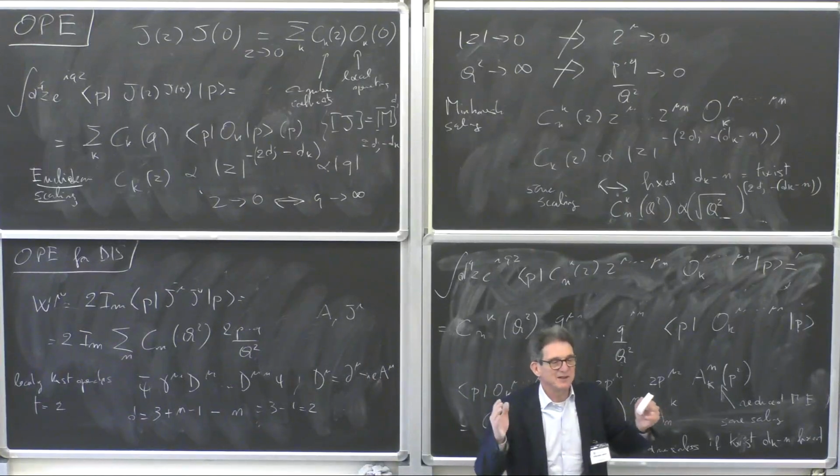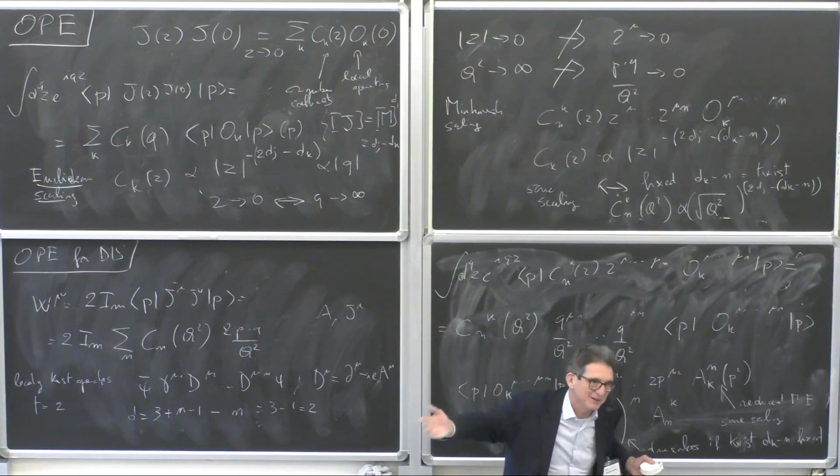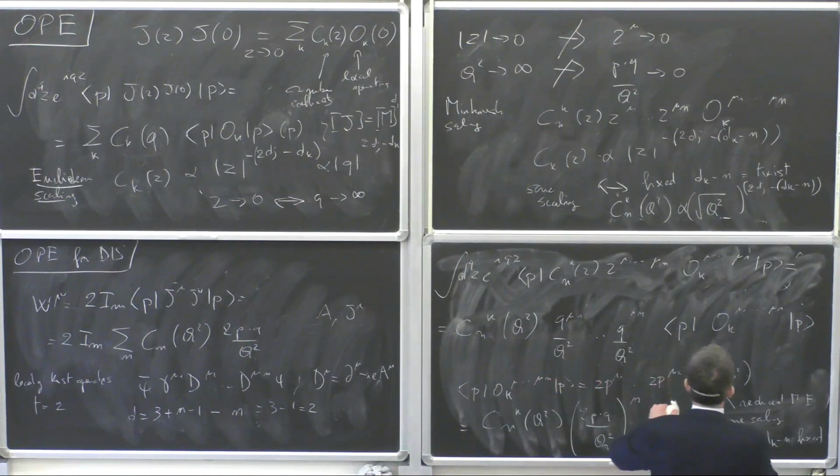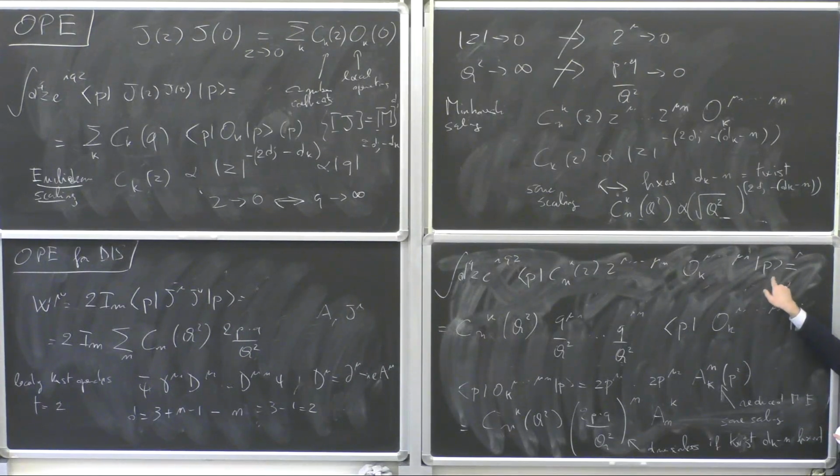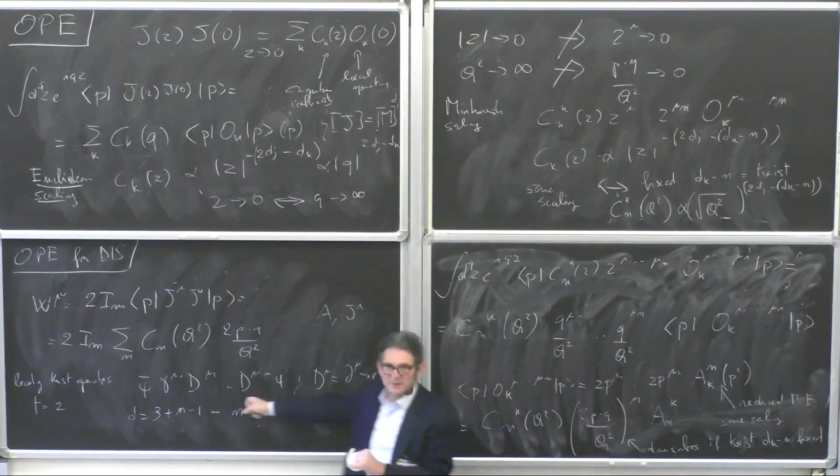Okay, so I'm going to write the one with p mu and p nu, and the other one. So if I have p mu and p nu, that means that two of the indices of the operator here are carried by the p's, and the rest, the mu 1 through mu n, are carried by the derivatives here.